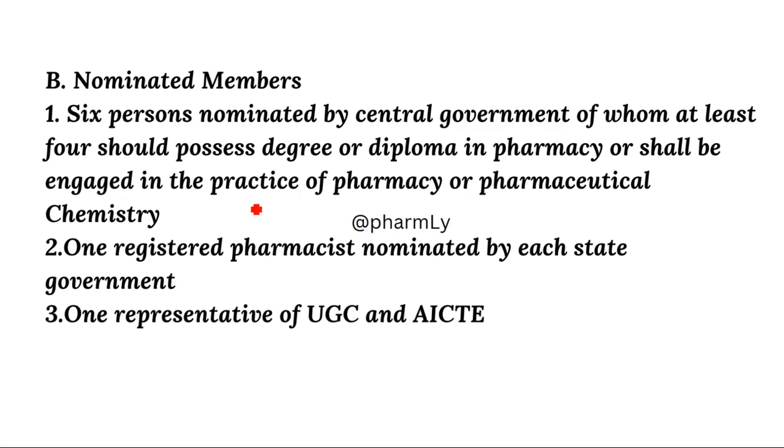In the elected members, all 6 members should have either the pharmaceutical, pharmacognostic, pharmacological or pharmaceutical chemistry background. But in these nominated members, nominated by the central government of India, the 4 should have at least a degree of pharmacy, that is involved in the pharmacy practice, or pharmaceutical chemistry.